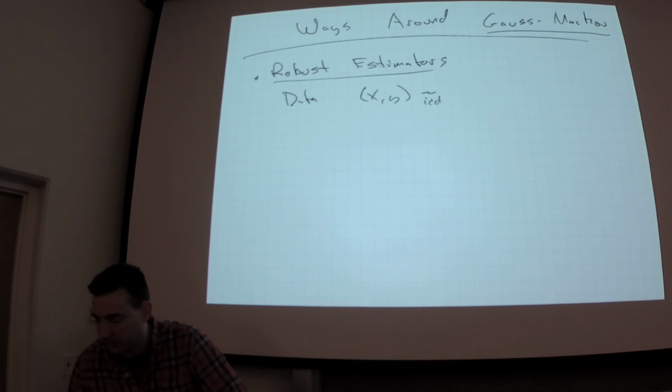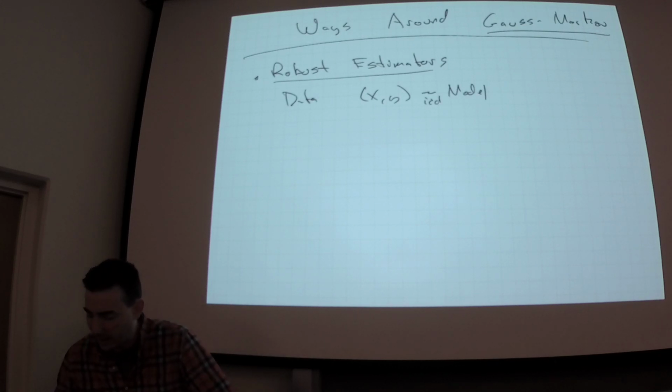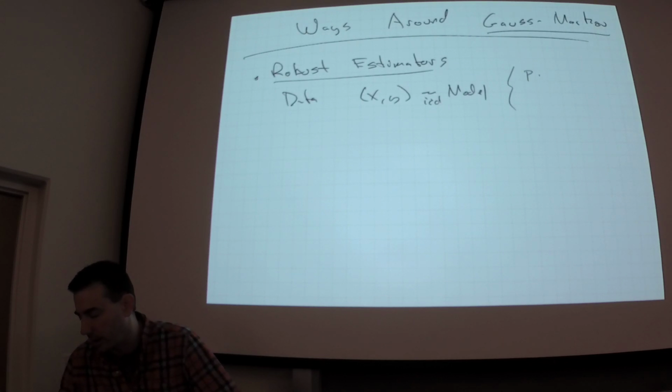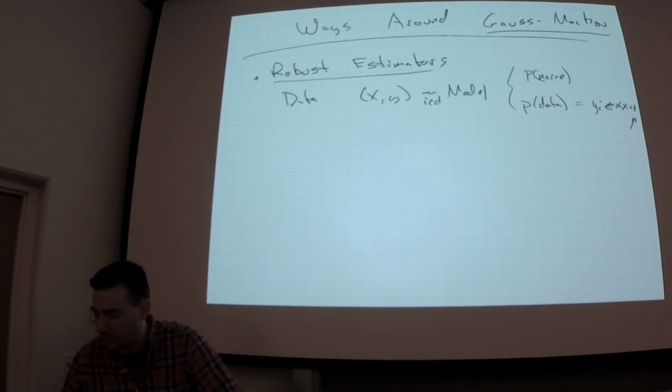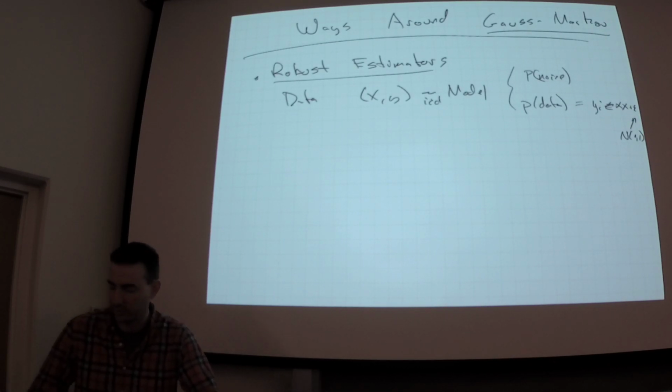This is the idea that my data x, y is IID from some sort of model, and how this model works is that there's some probability of noise, and there's some probability of data, and this one basically looks like yi equals alpha x plus some epsilon, and this may be normally distributed, right?